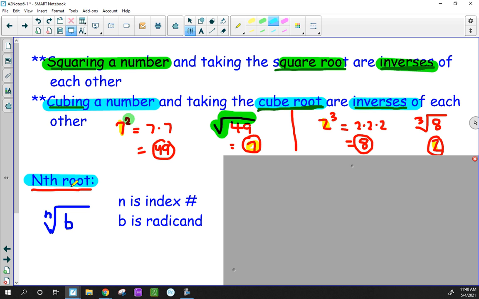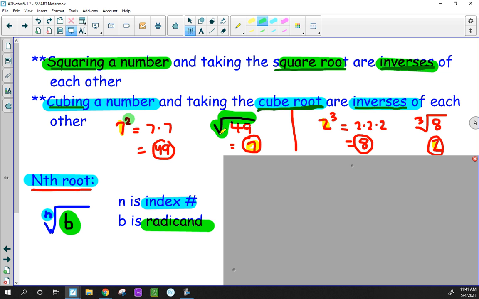The nth root, n, is called the index number. The number or variable or expression underneath the radical, I have b written here, that's called the radicand. The nth root of b, n is index and b is radicand. Up here in this problem, the index number is 2.